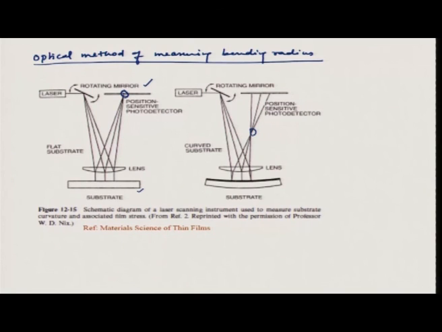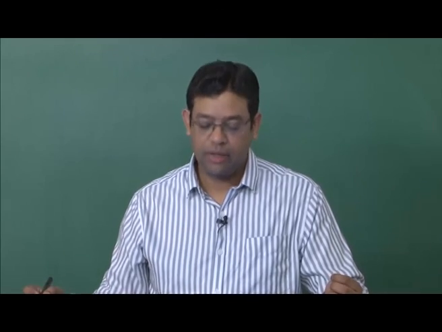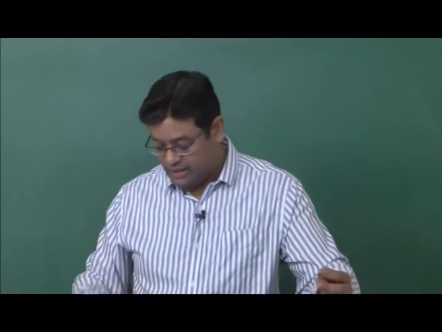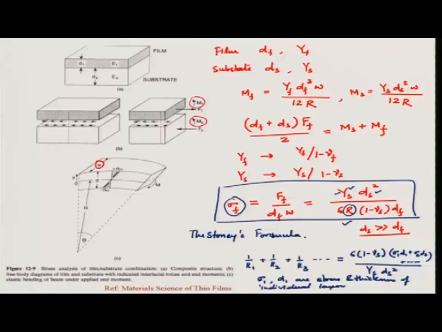Knowing the prior positions at the same points and the new positions at the same points, you can calculate the bending radius. And once you have the bending radius, you can go back to Stoney's formula and use it to calculate the stresses in the film.